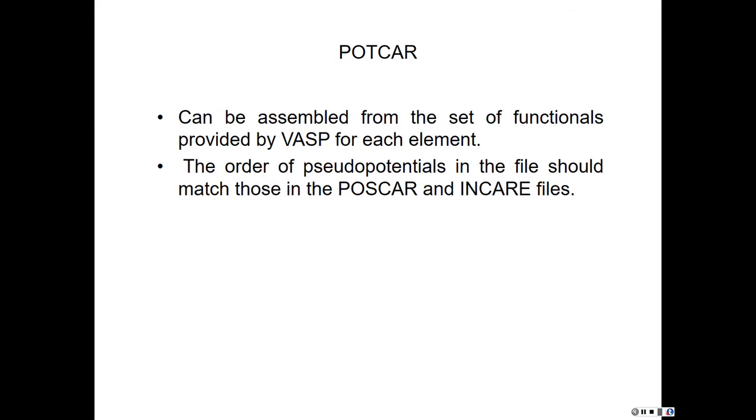Then it's the POTCAR file. Here all of the pseudopotentials are given, so we can select. But we need to make sure of one thing, that the order of the pseudopotentials in the POTCAR file and INCAR file should be the same.